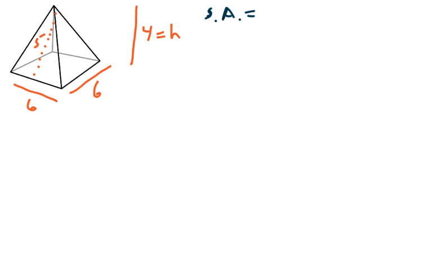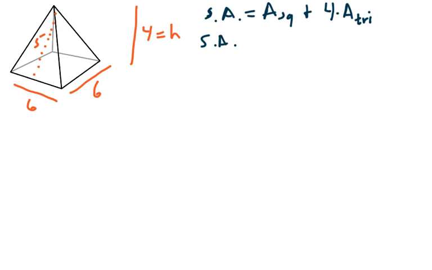So when I look at this picture, what I picture, and you should be able to see the same thing, is we've got a square base, so the area of a square, plus the triangles that make up the sides. There's 4 of them, so I'm going to say 4 times the area of the triangles, whatever the area of one triangle is. So I just made up my own formula because that's by definition what it is.